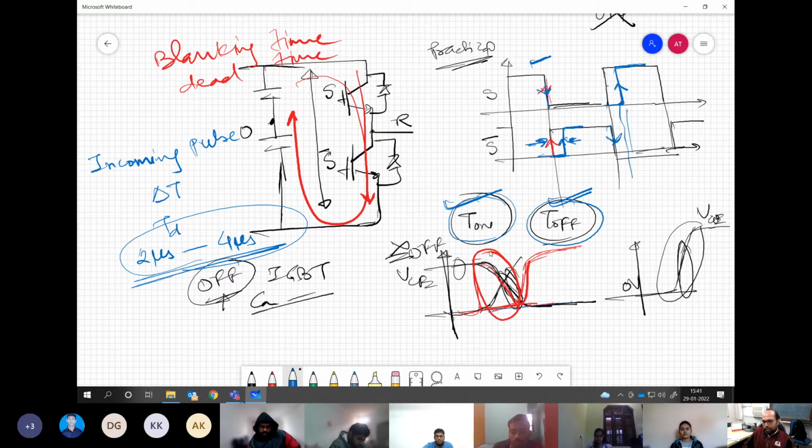From the moment when you give the gating pulse, in how much time the device is responding, that is a very important factor. So this is the difference between the outgoing pulse and incoming pulse. This is what is called dead time or the blanking time, which we must ensure in case of a voltage source inverter to avoid any kind of shoot through or short circuit through the DC bus.